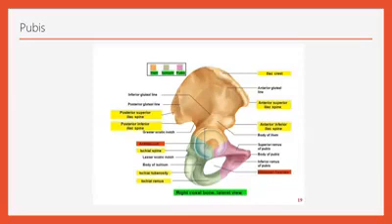The superior border or the pectineal line further has two parts, the medial part and the lateral part. The pectineal surface gives origin to the pectineus muscle. Now, the inferior ramus. The inferior ramus fuses with the ramus of the ischium and forms the ischiopubic rami.